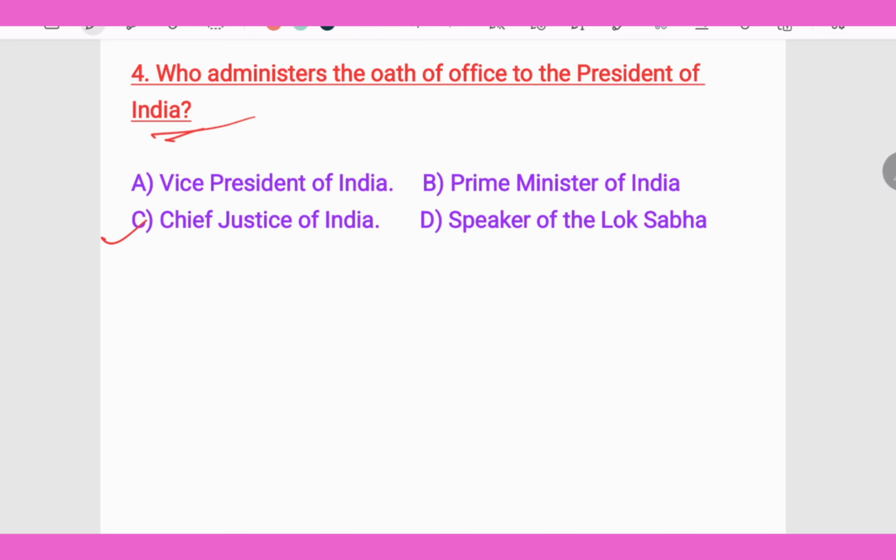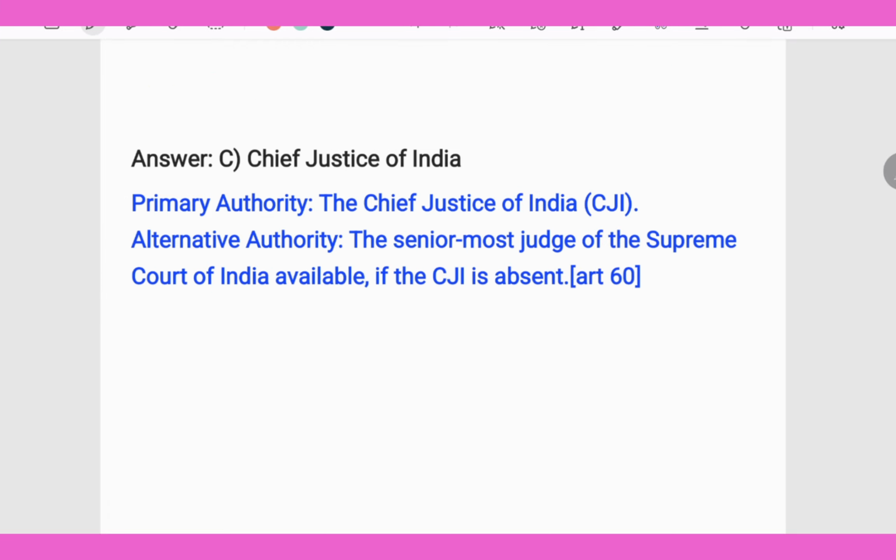Generally the CJI, Chief Justice of India, administers the oath, but in his absence the senior-most judge of the Supreme Court does. Option C. Primary authority: the CJI. Alternative authority: the senior-most judge of the Supreme Court if the CJI is absent. This is Article 60.